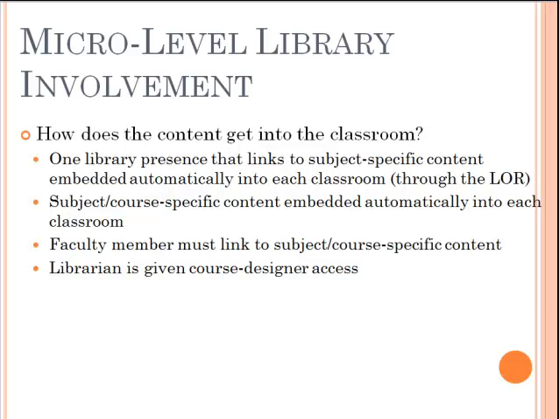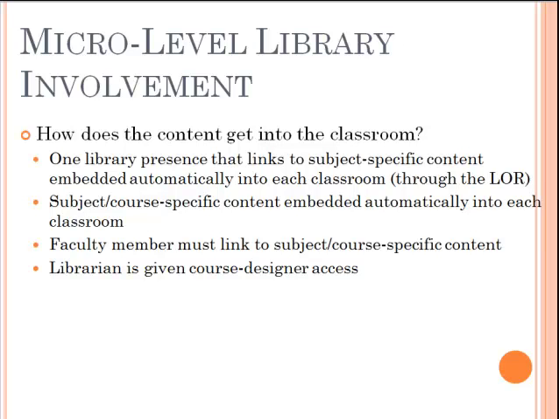So you could have a single library presence in every classroom that dynamically gets them to subject-specific content that's embedded automatically into each classroom. And that's the approach we've taken at Portland State, which I'll show you in a second. You could manually embed content in the course where the librarian's actually doing it or the faculty member is doing it.